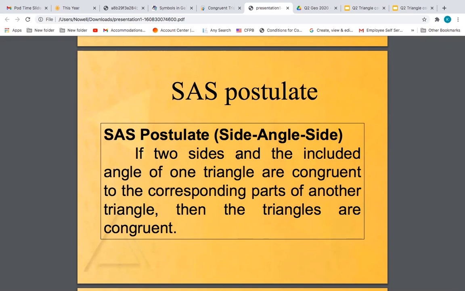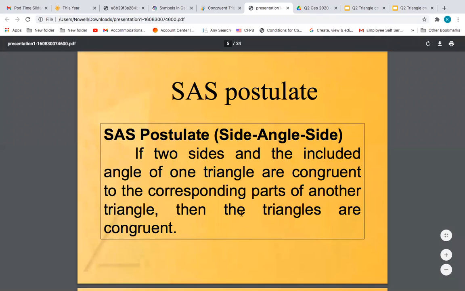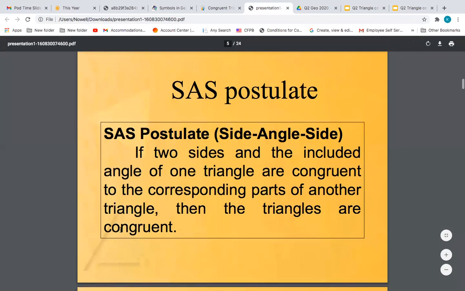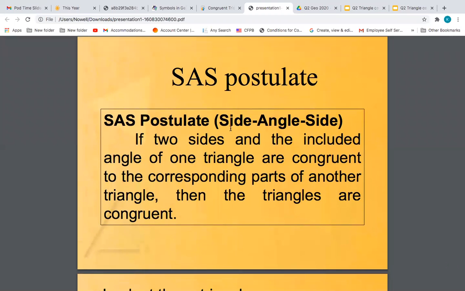If two sides and the included angle, which is very important, included angle means those two sides making the angle, of one triangle are congruent to the corresponding parts of another triangle, then the triangles are congruent. So we don't need all three sides and all three interior angles to match up. If we know all those three and if we confirm, then the rest of it also will be congruent, okay?